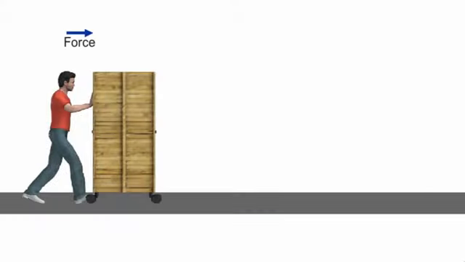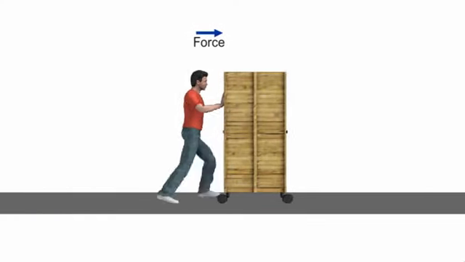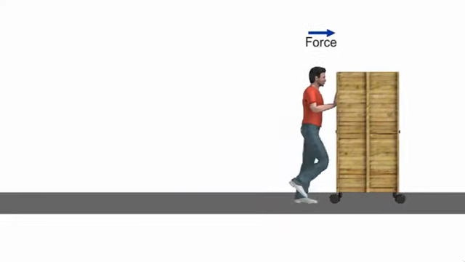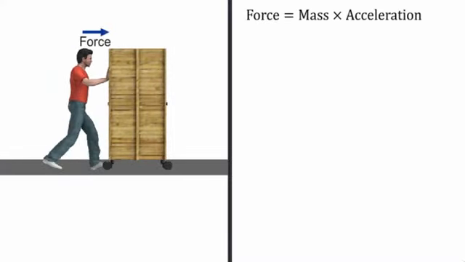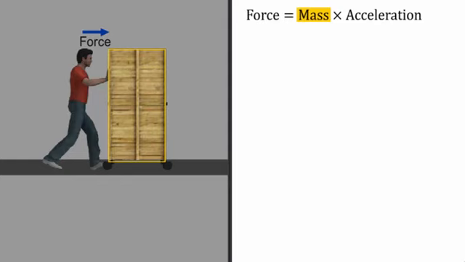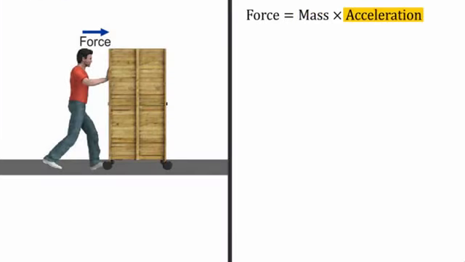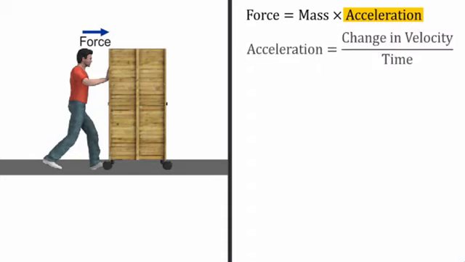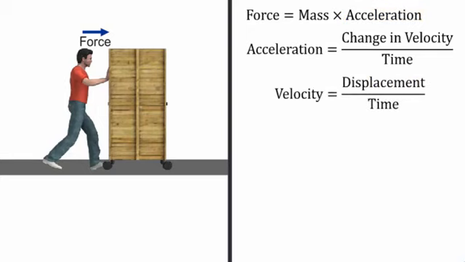For example, consider the quantity force. Force is the product of mass and acceleration. Mass is a base quantity, and acceleration is the derived quantity, which is the ratio of change in velocity to time. Velocity, which is also a derived quantity, is the ratio of displacement to time.